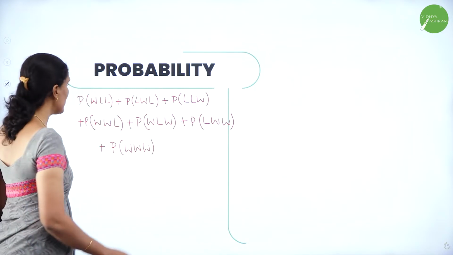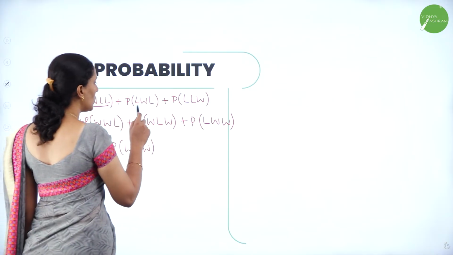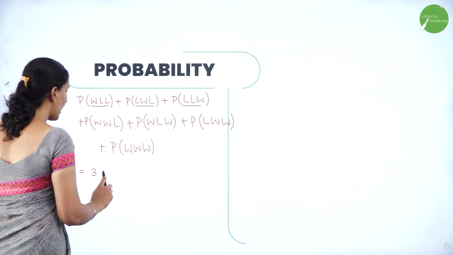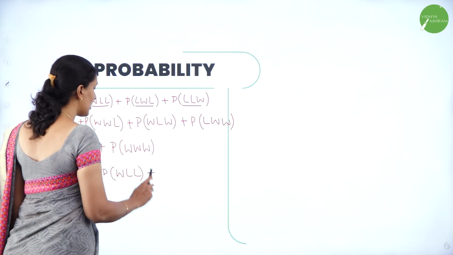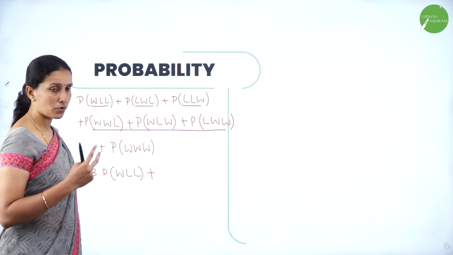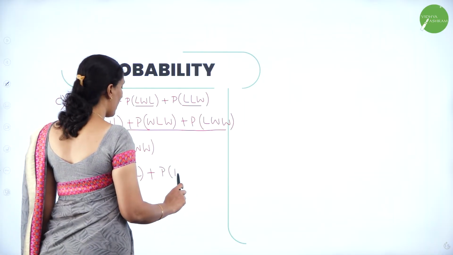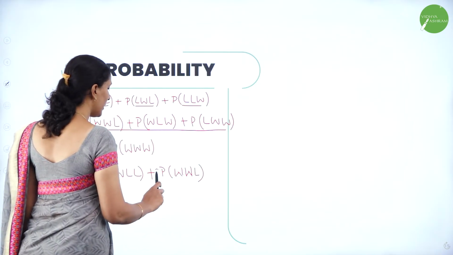So you can clearly see the cases of winning once and losing 2 times can be taken as 3 times the probability of winning, losing, losing. Next, in the other 3 cases, India is winning 2 times and losing 1 time. So it is 3 times the probability of winning, winning, losing.